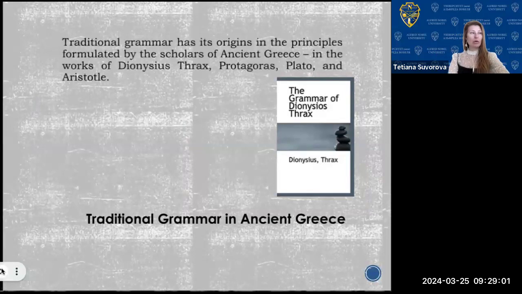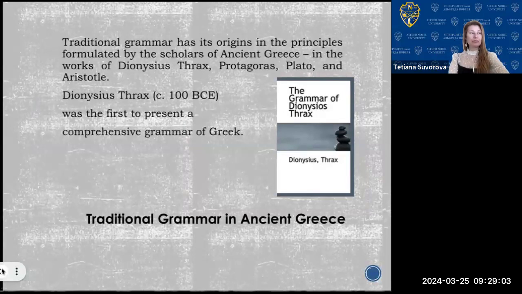Okay, so what is interesting about traditional grammar, which was composed by Thrax? It was ancient Greek grammar, based on the works of Dionysius Thrax, Protagoras, Plato, and Aristotle.